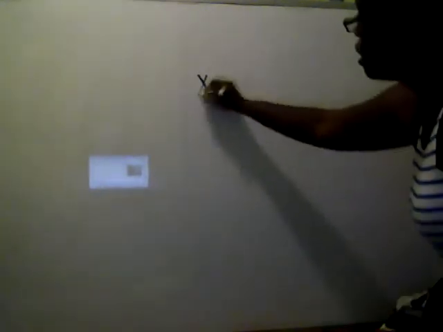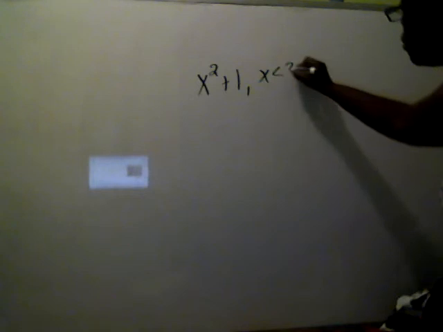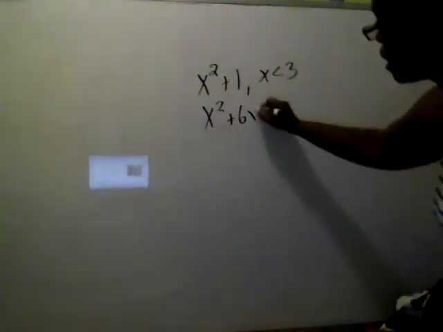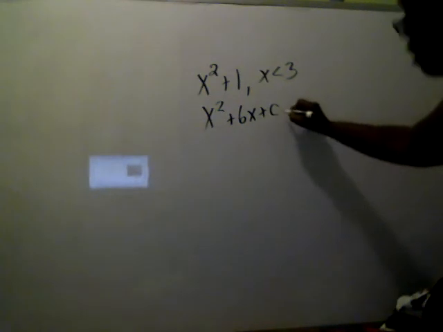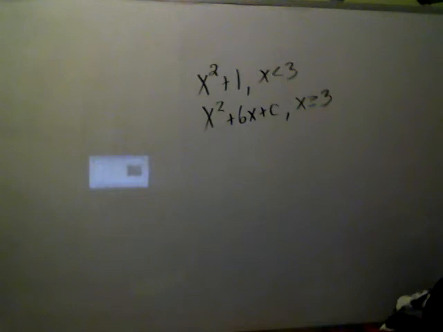So for the first one, you have x squared plus 1 when x is less than 3, and x squared plus 6x plus c when x is greater than or equal to 3. So the issue with this is a piecewise function. It probably has a gap somewhere in the graph.